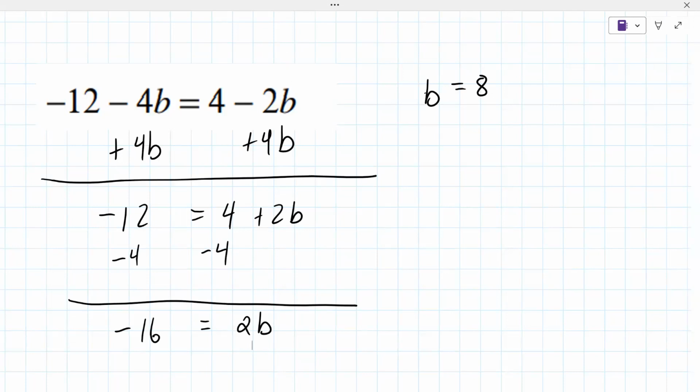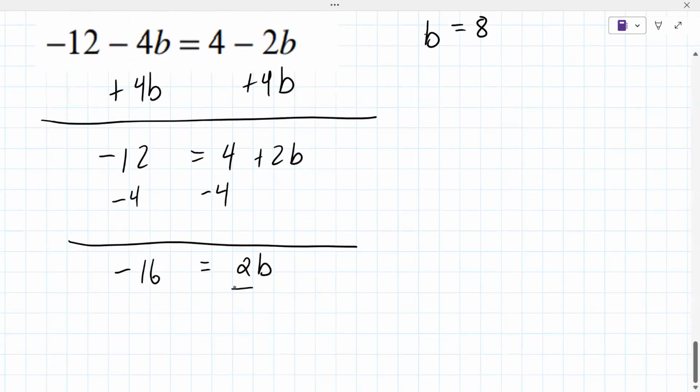Okay, we're just working on problems. You know, signs are super important here. So the only change to your answer is that when you divide by 2, b equals -8. So that's the only difference.